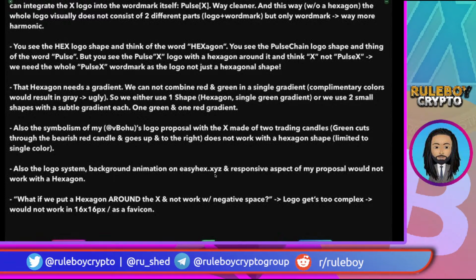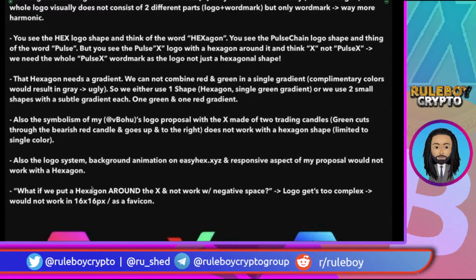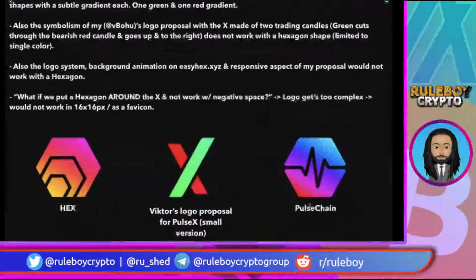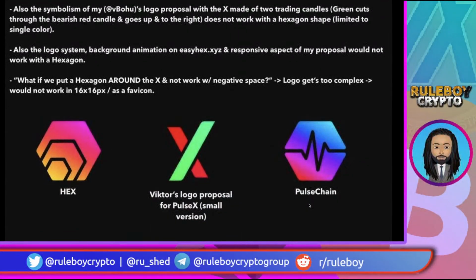So we're going to see this side and see how he integrated the word mark, and the responsive aspect of my proposal will not work with the hexagon. So he's trying to tell you that if there's a hexagon, that won't work for his proposal. So what if we put a hexagon around the X and not work with negative space? Okay, now let's just look at what he came to in conclusion.